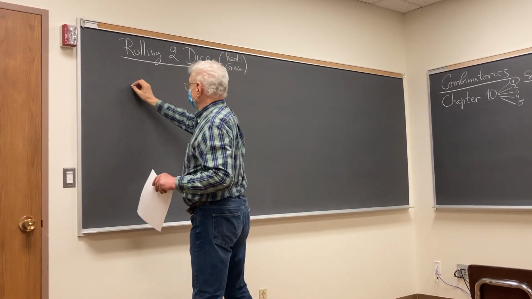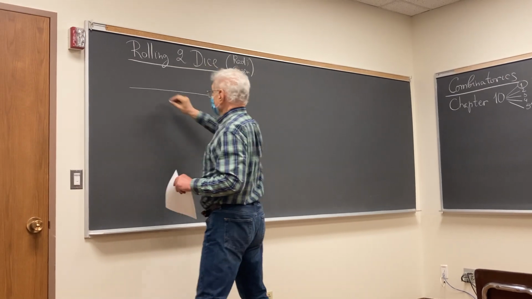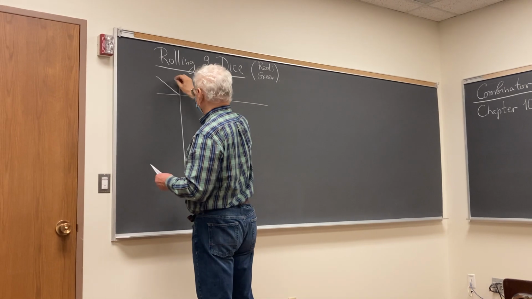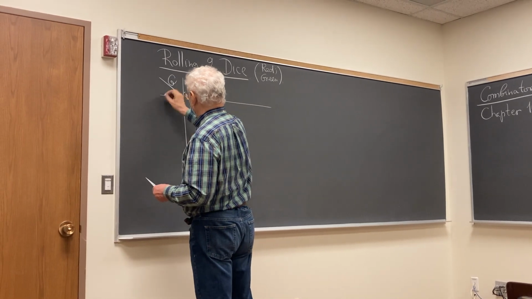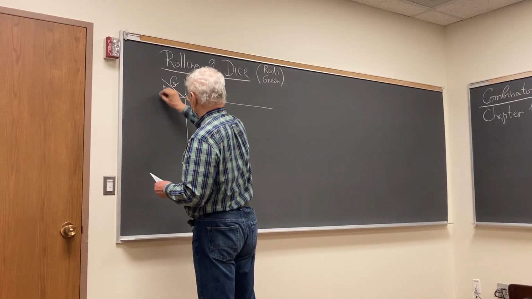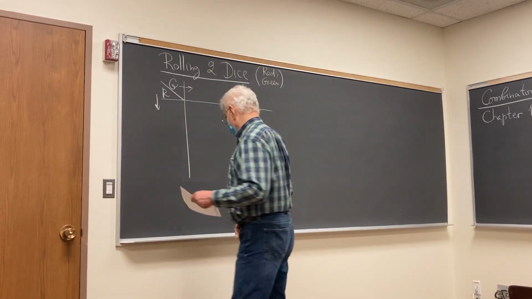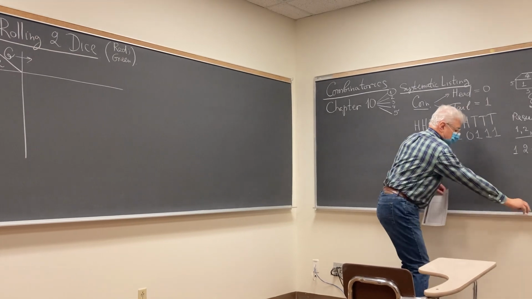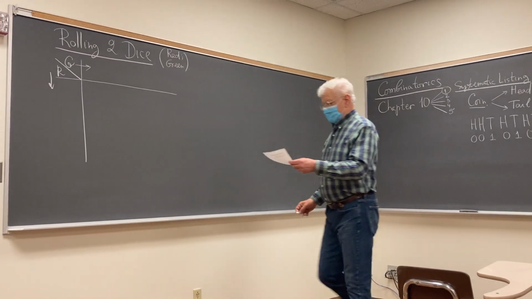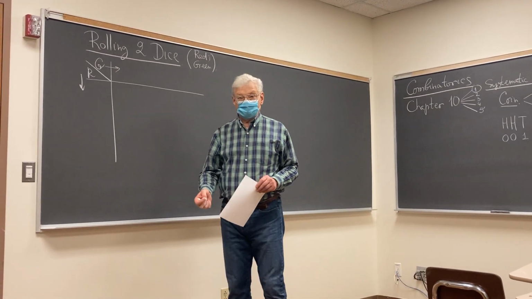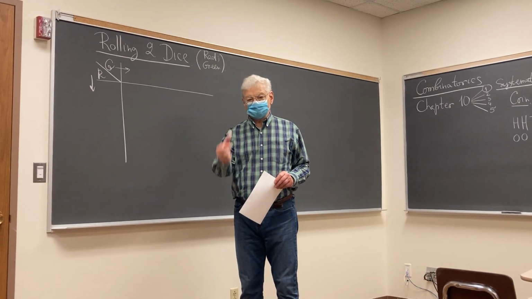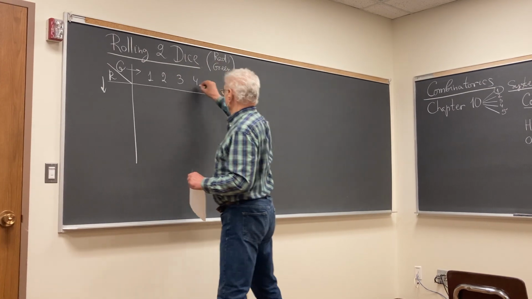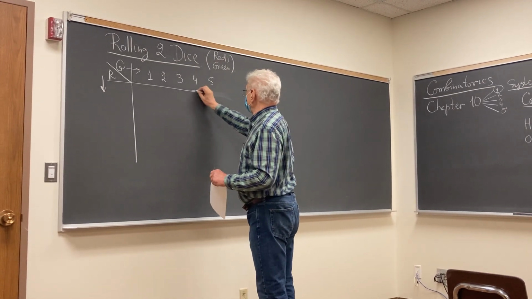So we just make the same table and write what will happen. Here is, say, green, I write G, and red will be here. If you toss one die, you get the outcomes 1, 2, 3, 4, 5, and 6.